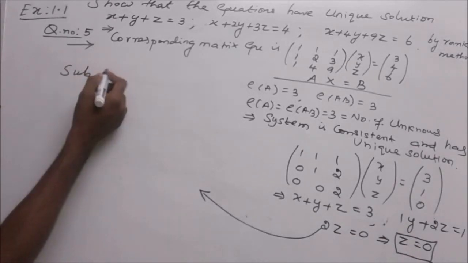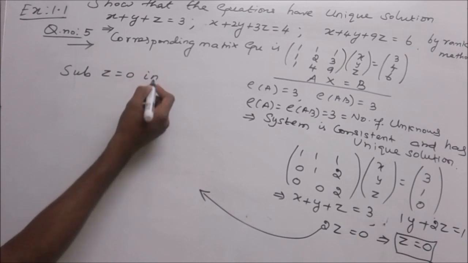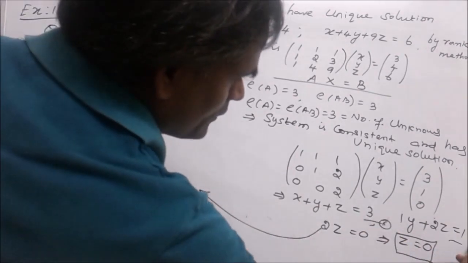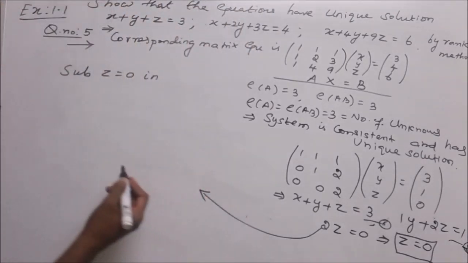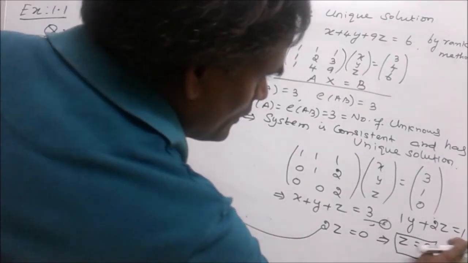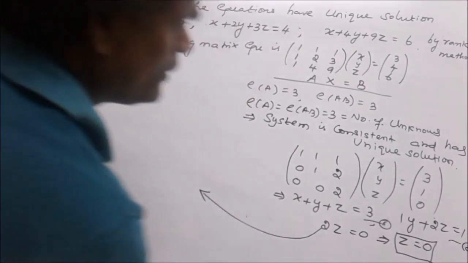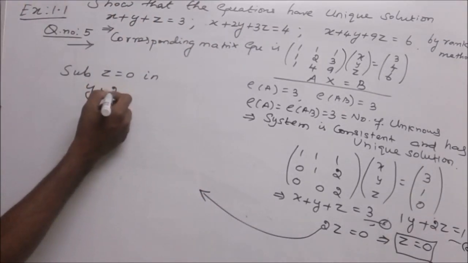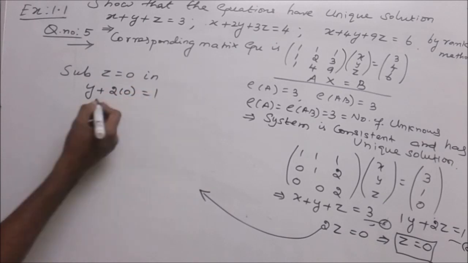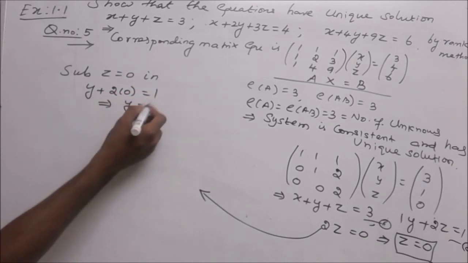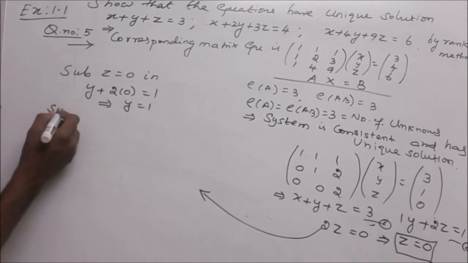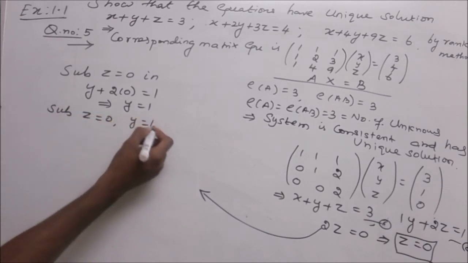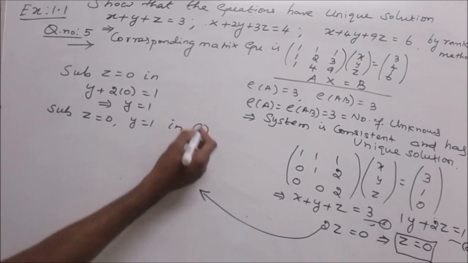Substitute z equal to 0 in equation number 2. This is equation number 1 and this is equation number 2. We have y plus 2 into 0 equal to 1, which implies y equal to 1. Then substitute z equal to 0, y equal to 1 in equation 1.